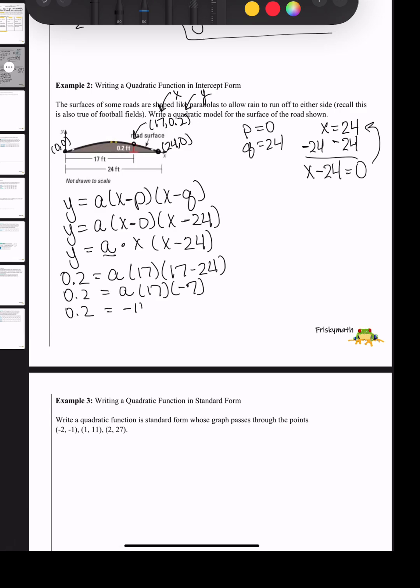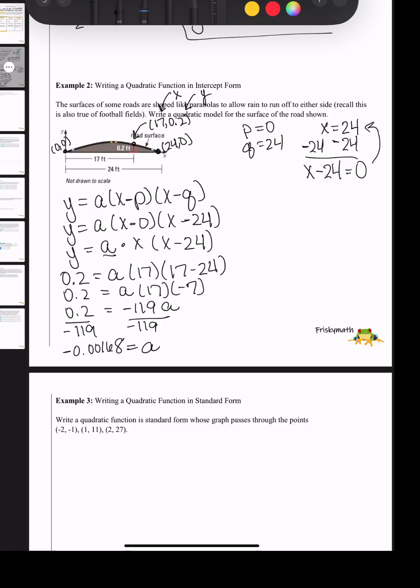So I'll go ahead and write that times a. Solving for a, we're going to divide both sides by negative 119. And a actually becomes a very small number, which I think makes total sense because we are talking about a highway, or a road, where it's barely noticeable that it's even parabolic in shape.